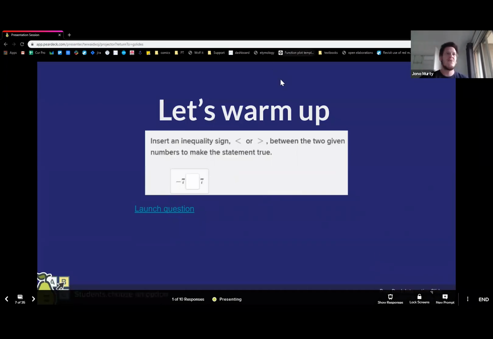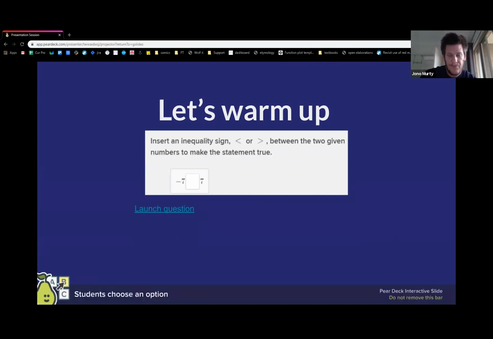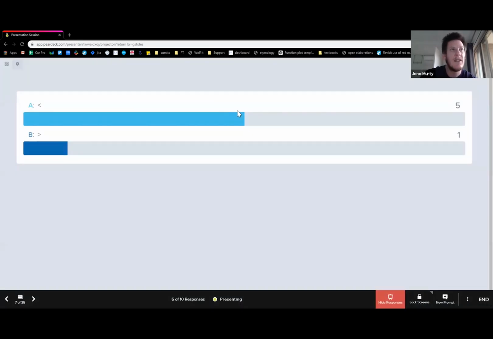Okay, now just simple multiple choice. Insert the correct inequality sign between these 2 numbers to make the statement true. We've got some responses coming in. Go another 30 seconds. Okay, most of you are picking the correct answer.